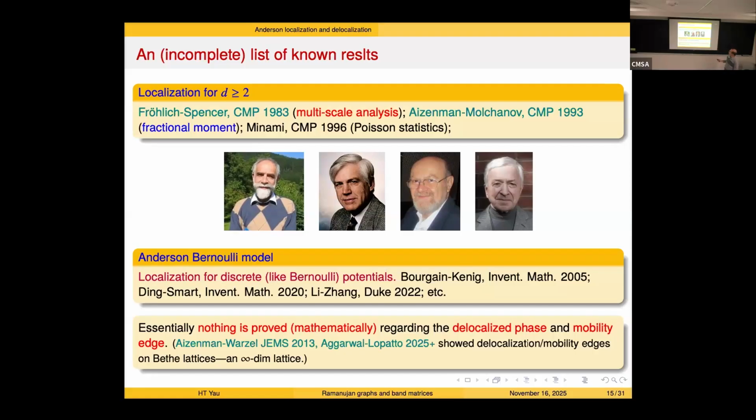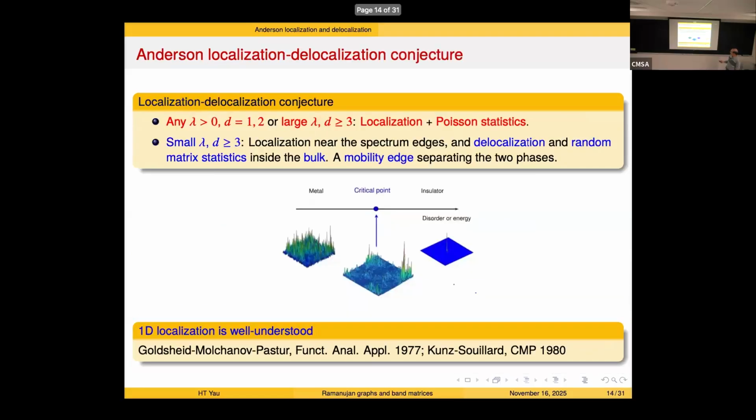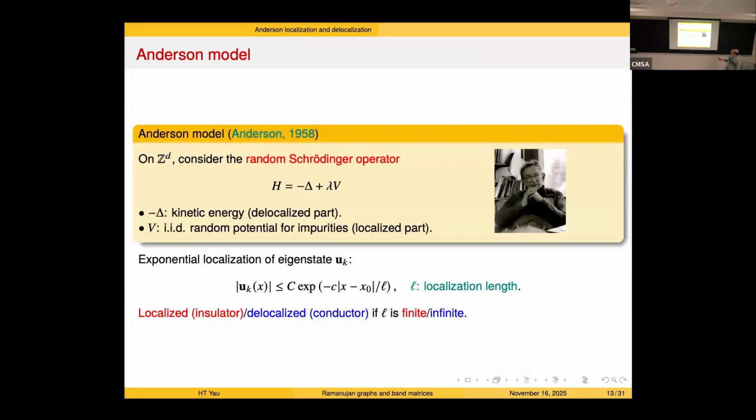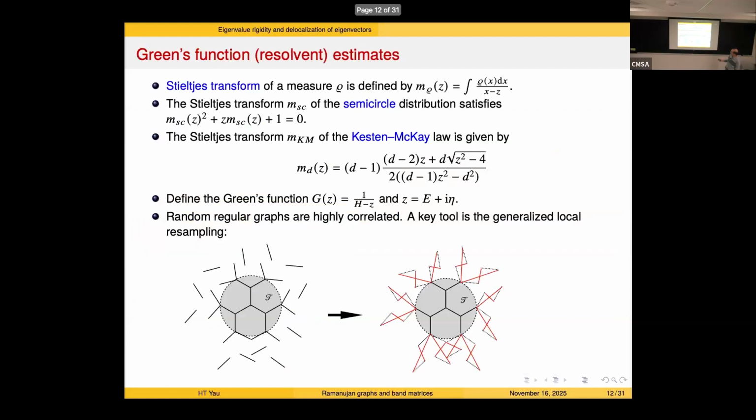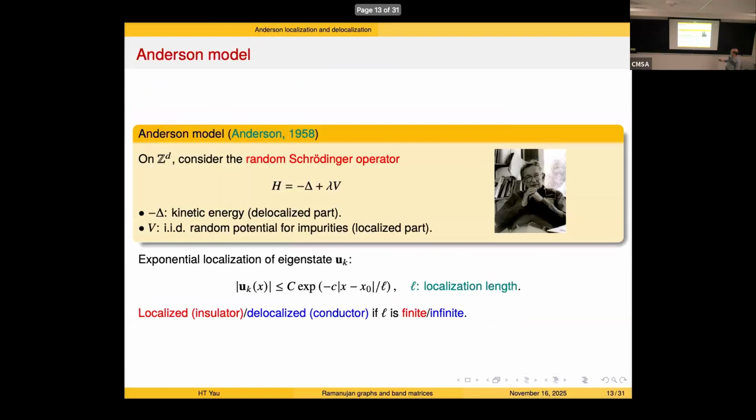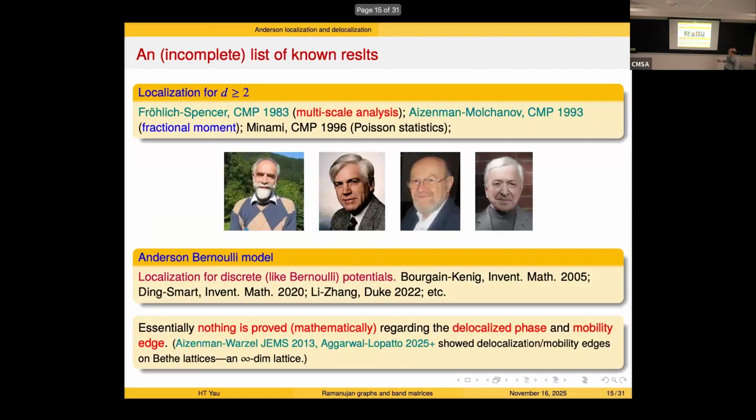But what they need is that the random potential V has to be continuous. In the Bernoulli case, if V is just a coin flip, plus or minus one, then the question was only solved a few years ago.